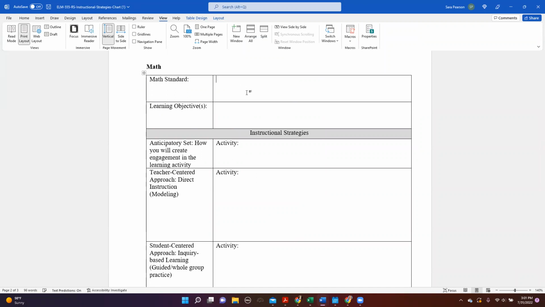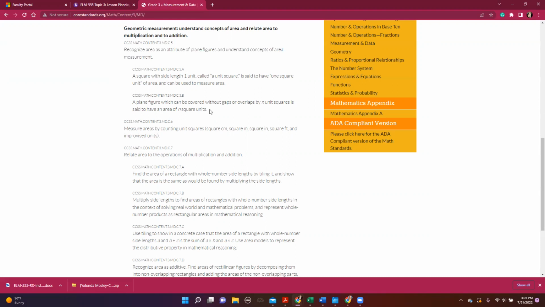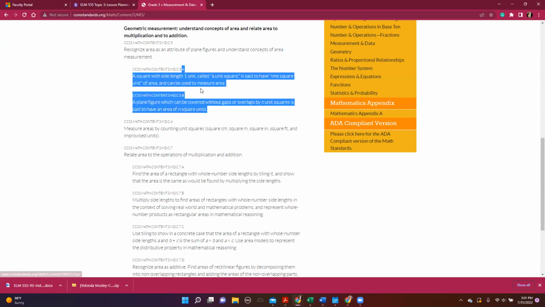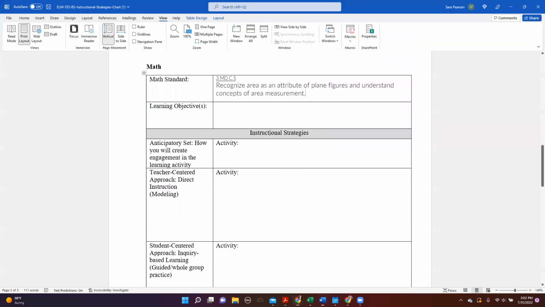Okay, there we go. So we want to recognize area as an attribute of plane figures and understand concepts of area measurement. And if you remember the last time I used it, it does have 2 substandards, looking at unit squares, having 1 square as a unit of area, and then a plane figure should be covered without gaps or overlaps.